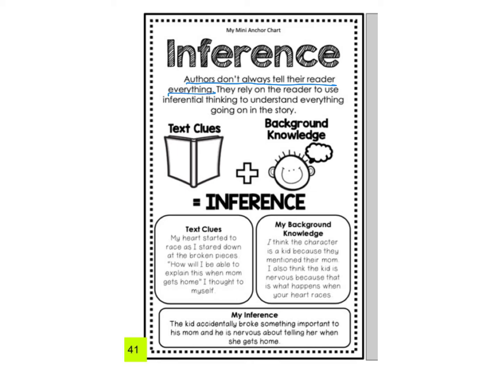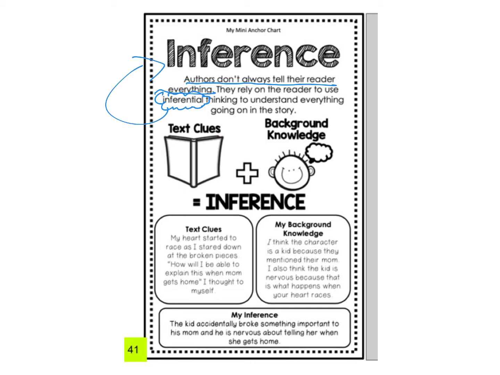They rely on the reader to use inferential thinking to understand everything going on in the story. Now, there's a big word, inferential thinking, and it just matches this word inference, which is another word for making an inference. So let's look at the formula that growing readers use when they make inferences.